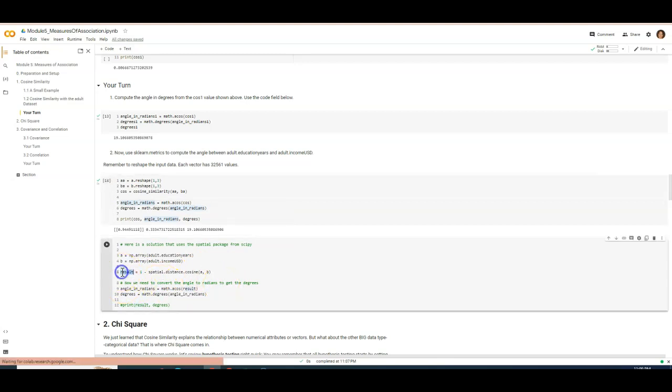So now that we have this result here, that gives us our cosine here, our 0.94. And then we're going to have to apply the angle in radians again with the math.acos, and we calculate the degrees from math.degrees.